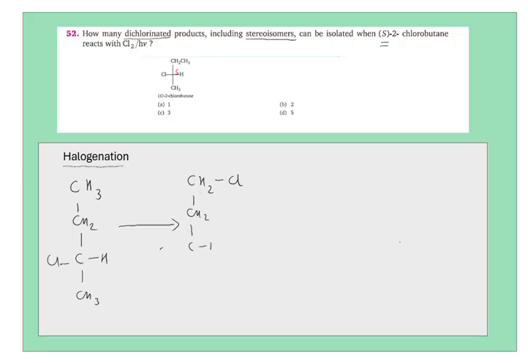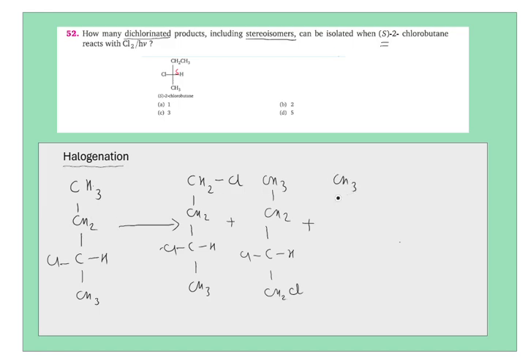What does that mean? That means upon replacing, you are going to get two different products. So let me write those products by replacing both, from here and here. When you replace, look at this, one chlorine here, one chlorine here, therefore it's a dichloro product. Now we are going to get two different products from replacing hydrogen from the two methyl groups. All right, now let's remove hydrogen from this carbon.